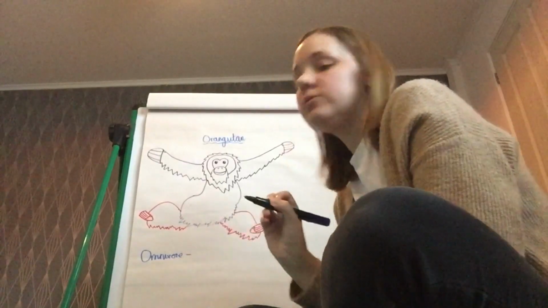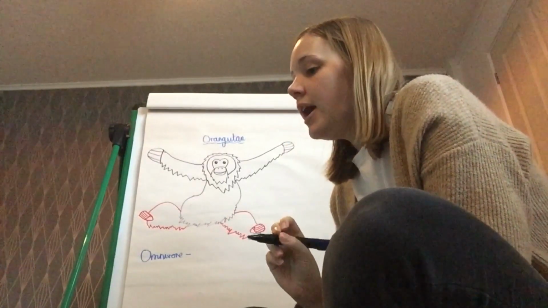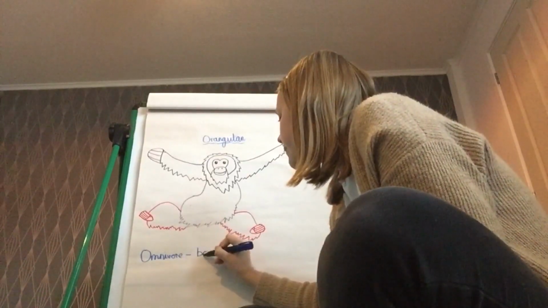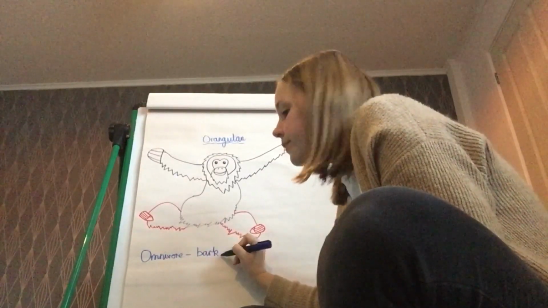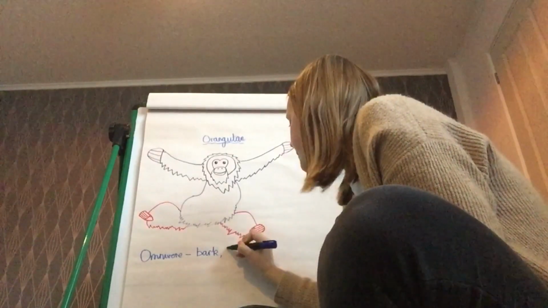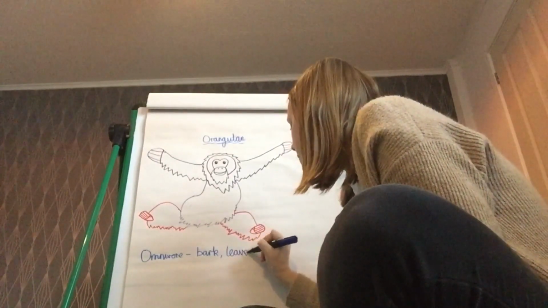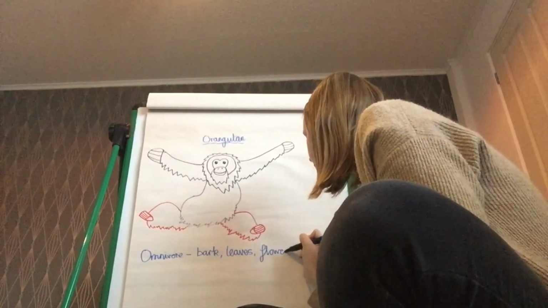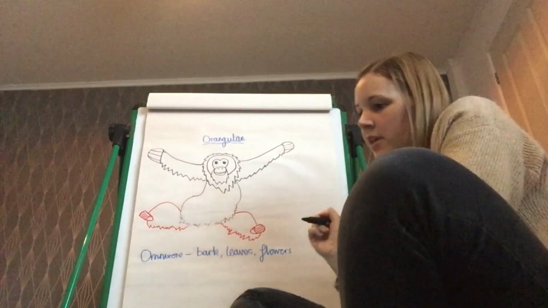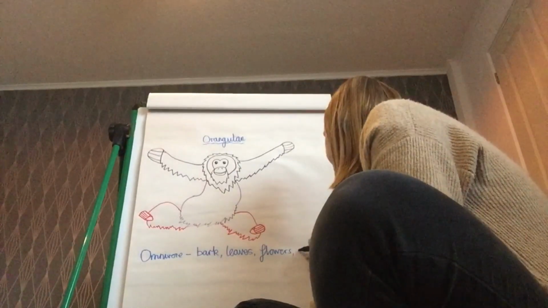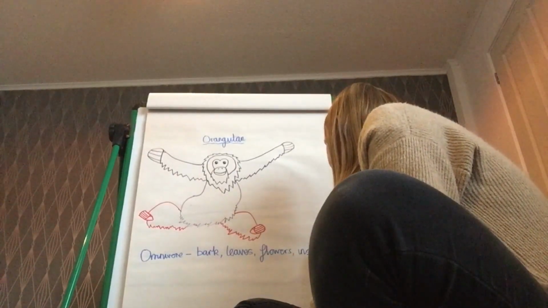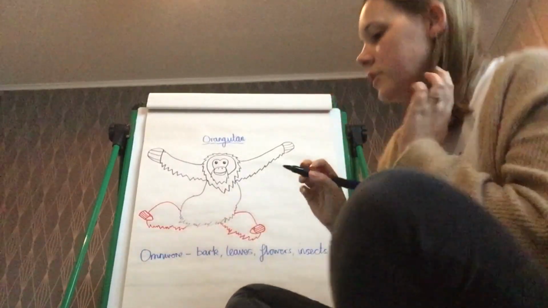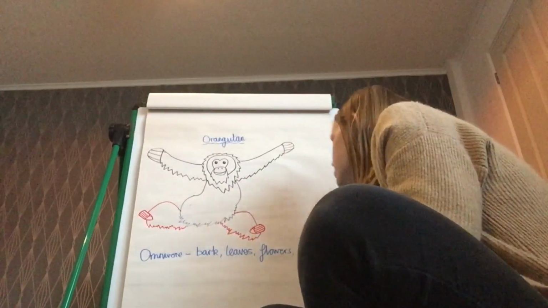So I'm going to put a little dash here next to omnivore. And the orangutan diet is made up of bark, leaves, flowers, insects, and fruit.